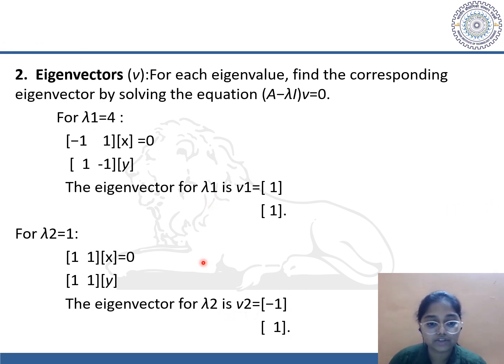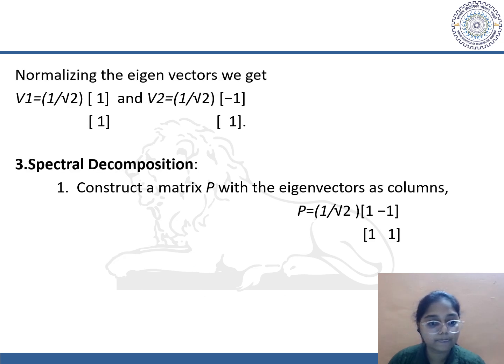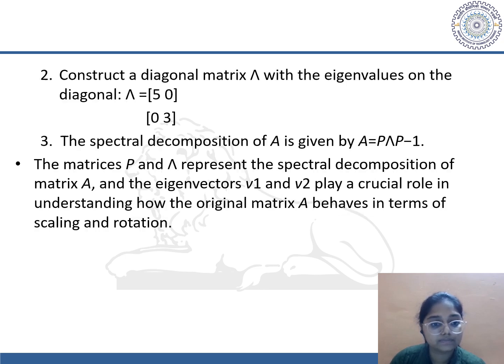After finding the eigenvectors, we normalize them to form an orthogonal basis, which is done by normalizing the eigenvectors. The process of spectral decomposition starts with constructing the matrix P with its columns as the normalized eigenvectors, and then we construct the diagonal matrix lambda with the eigenvalues 5 and 3 on its diagonal entries.